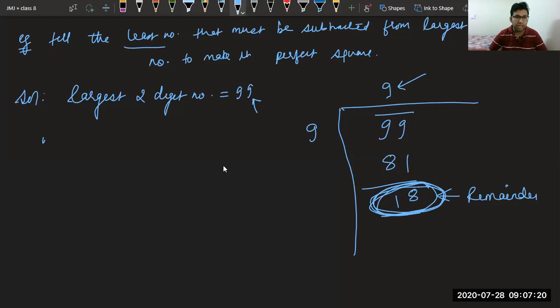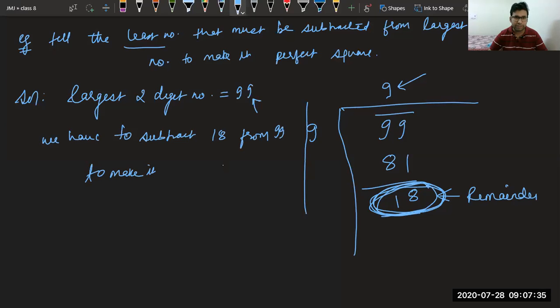So we have to subtract 18 from 99 to make it a perfect square. Therefore 99 minus 18 is equal to 81, and we know that root 81 is equal to 9.